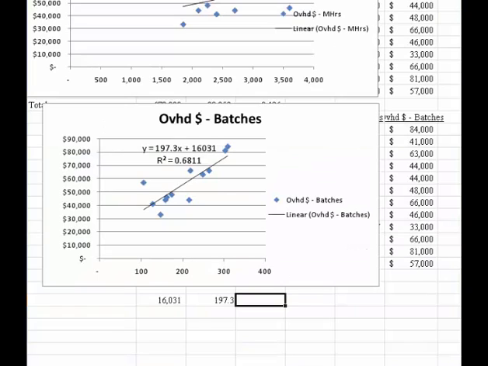So we'll jot in the 300, and then I'll just program that formula, which is equal to the 16,031 plus, I'll put a parenthesis around this so we know, 197.30 per batch times 300 batches, and that should be a prediction of the cost we'd anticipate. And taking away the decimal places, it comes out to be $75,221. And I'll bold that to show that that's the answer to part 2.